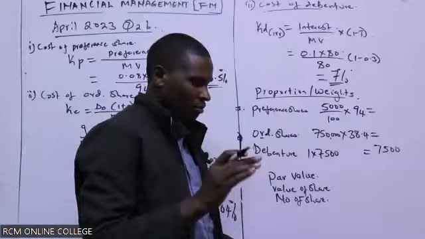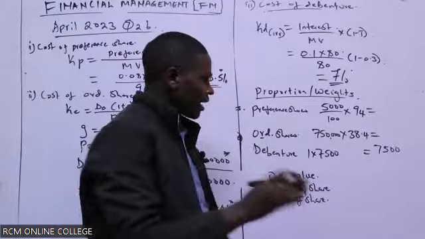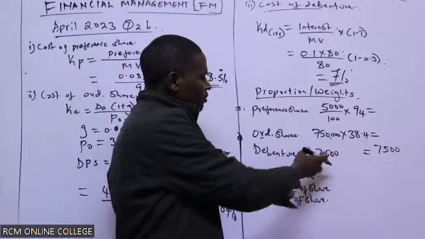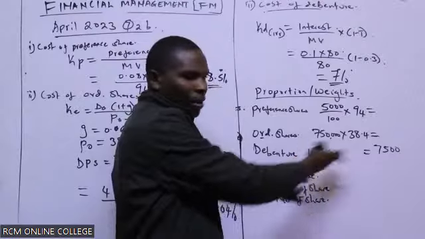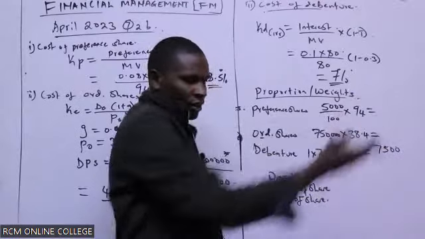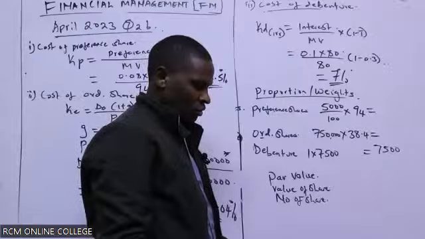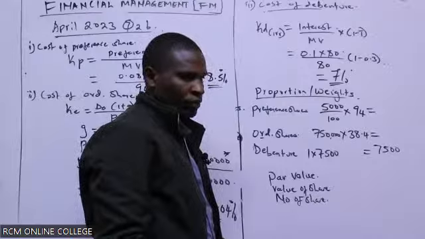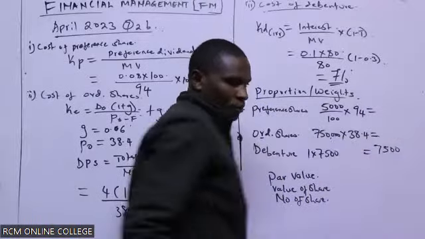For debenture, par is like 1. So these are like the shares available.